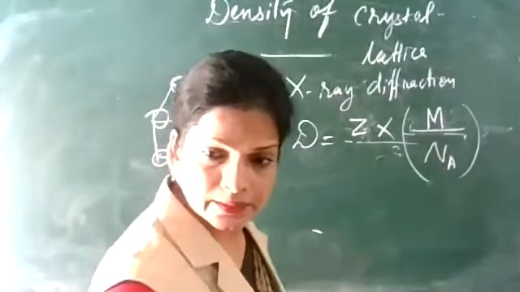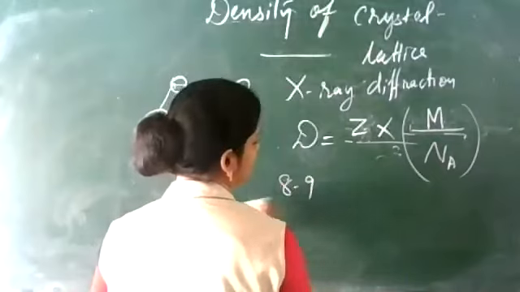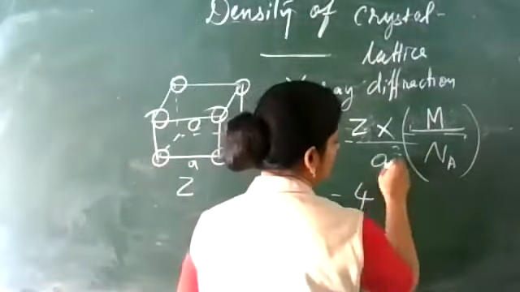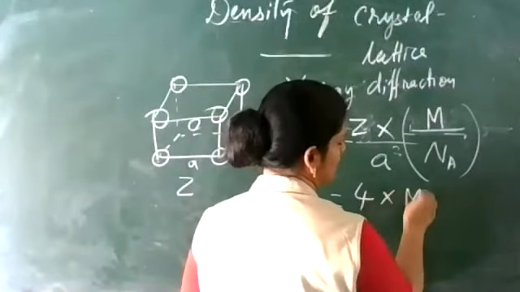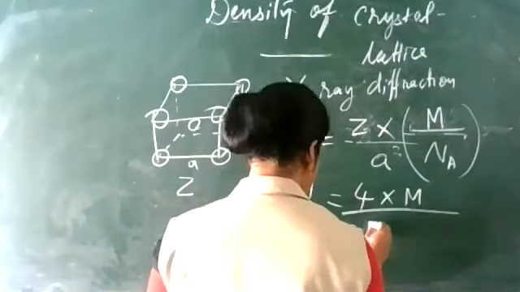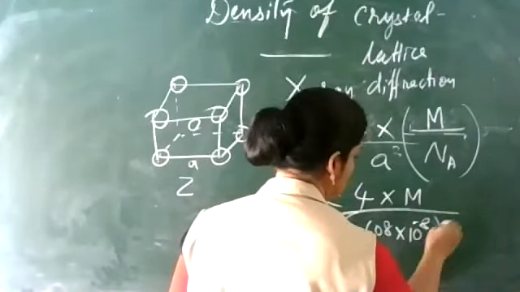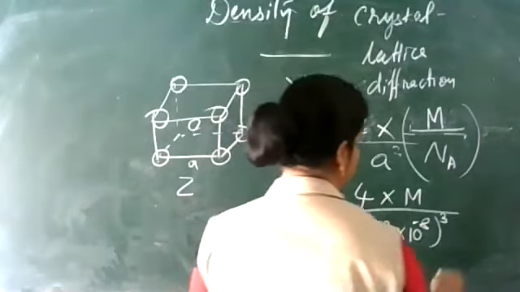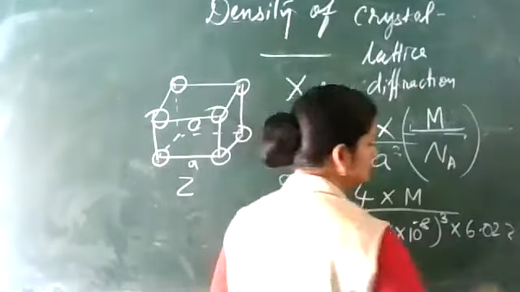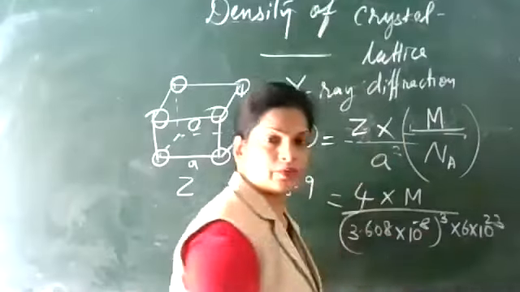Density is given 8.9. 8.9 is equal to Z, so 2, into the molar mass M you have to calculate, divided by 3.608 into 10 to the power minus 8 whole cube, into 6.022 into 10 to the power 23.